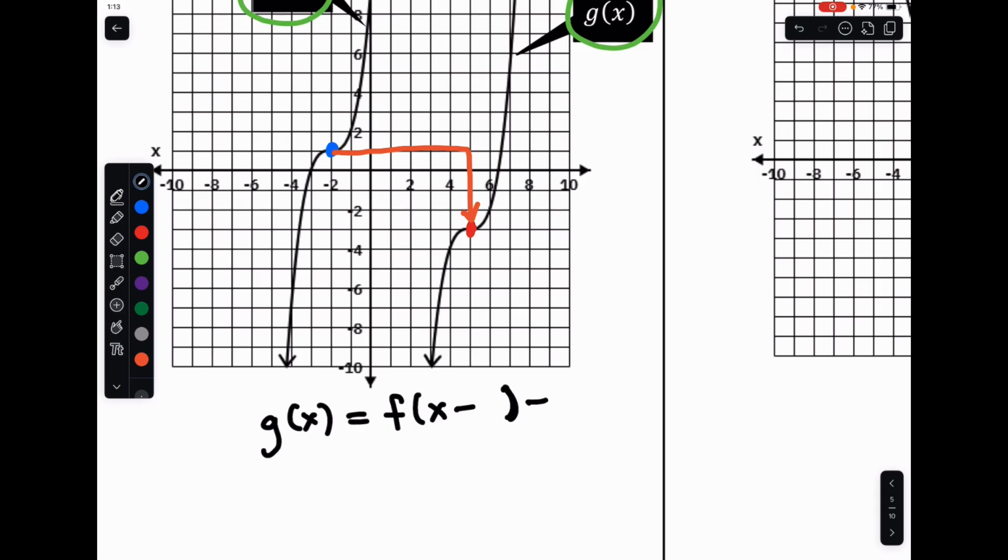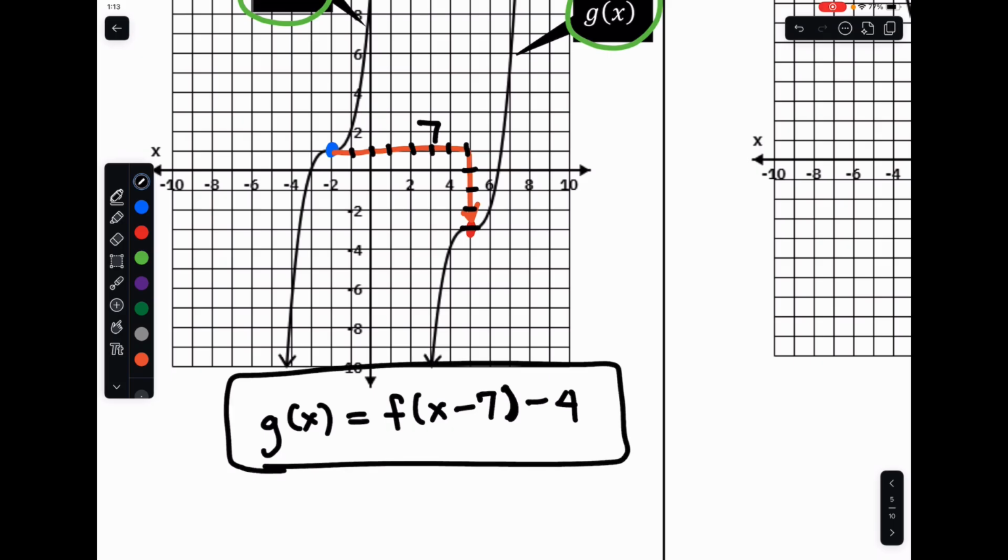Well, since we're moving to the right a total of 1, 2, 3, 4, 5, 6, 7, the inside number is going to be 7, and 1, 2, 3, 4, 4 down, the outside number is going to be 4. So this is the function rule that transforms f into g.